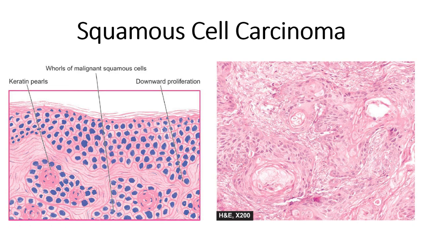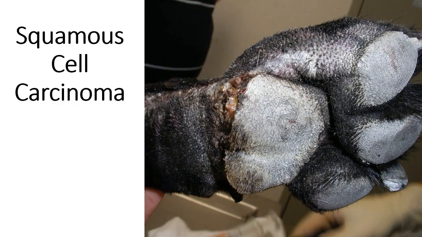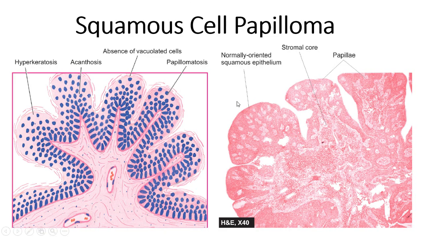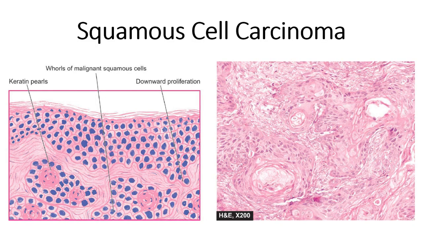And then we can see also in squamous cell carcinoma, the growth of the epithelial cells is usually in irregular patterns, not like the papilloma with a more concentrated or well-seen pattern. The irregular patterns can be seen here, but the presence of keratin pearls characterizes the malignancy.